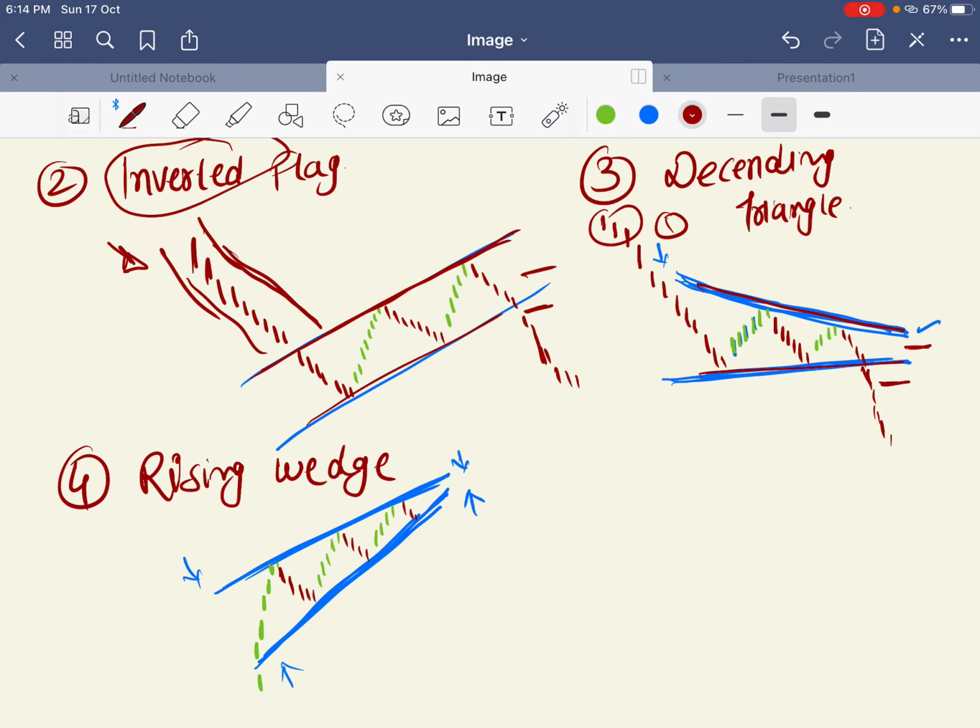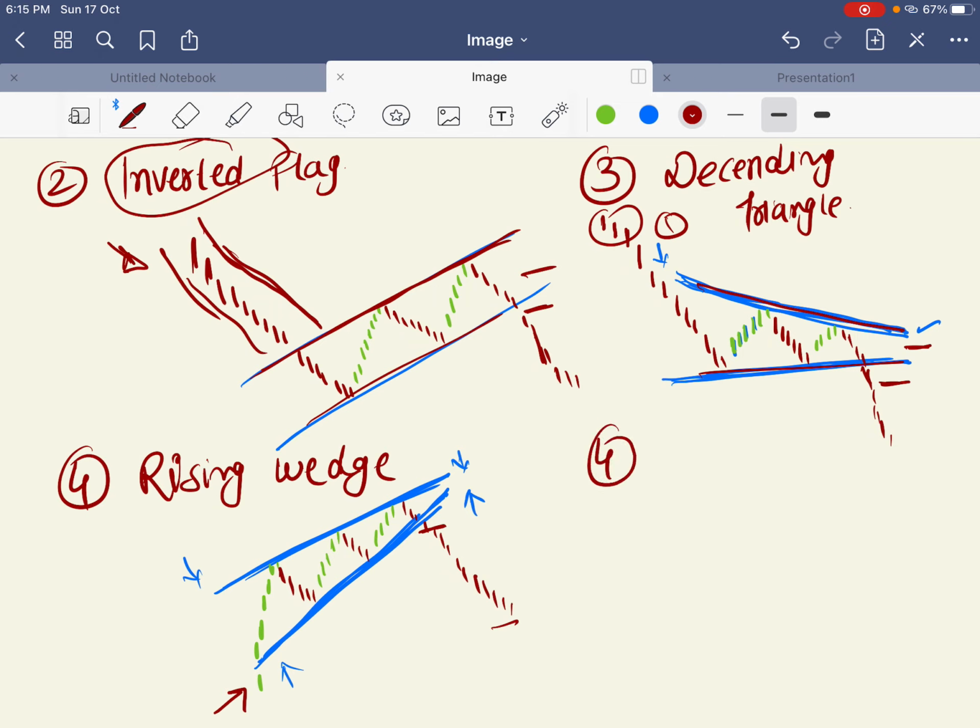After the breakout, as you can see, the price is bullish from the beginning and enters this rising wedge, and after the breakout you can take a short entry and wait for a longer target.